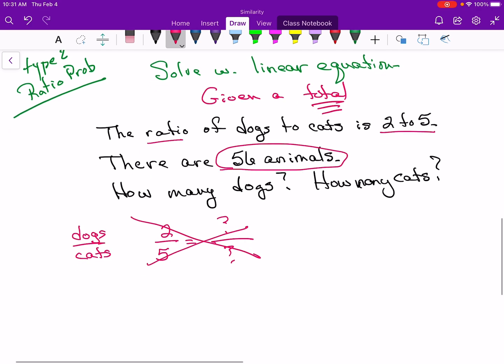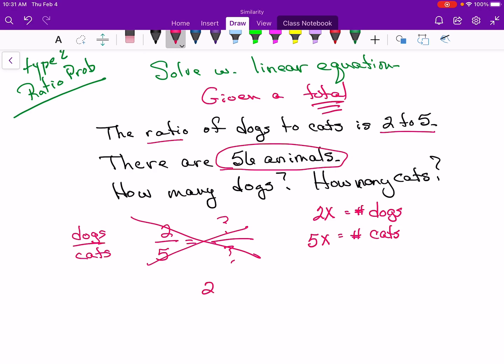So here's our other option. There are 2 dogs for every 5 cats, but 2 plus 5 doesn't equal 56. So there's some bigger number, and we've reduced it to get the 2 to 5. So 2x, 2 times some number, is the number of dogs. And 5 times that same number that's been reduced out is the number of cats.